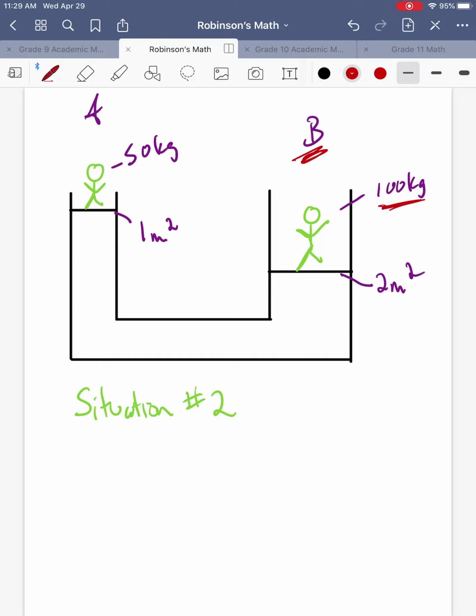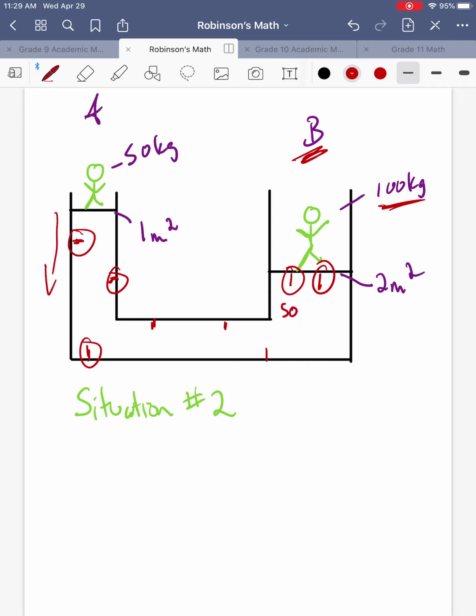Well, again, if we remember, we have a force, and the force is pushing down, and the force is at a surface area at a 90-degree angle at all points in the system, equal at all points in the system. So that means that it's equal, this 50 kilograms of force pushing up against that meter squared, against that meter squared, against this meter squared, and against this meter squared.